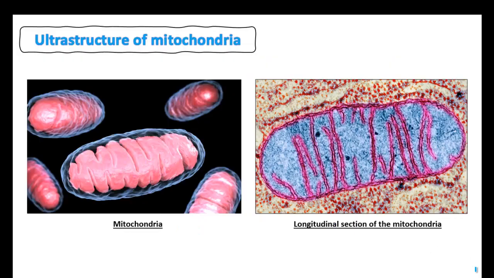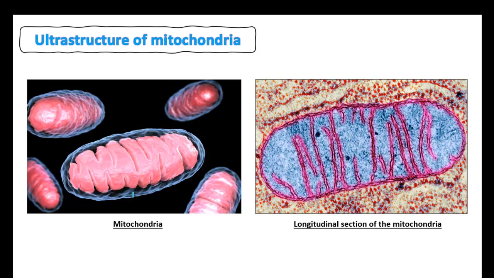As you can see over here, we have the ultrastructure of the mitochondria. In the picture they are very big, but in reality they are very small, and we can find them in the cytoplasm of the cell.